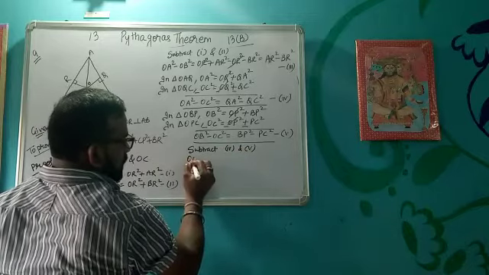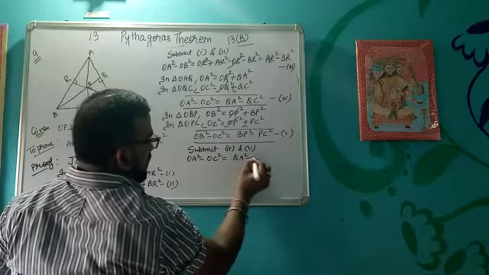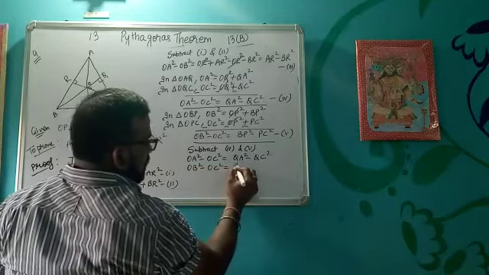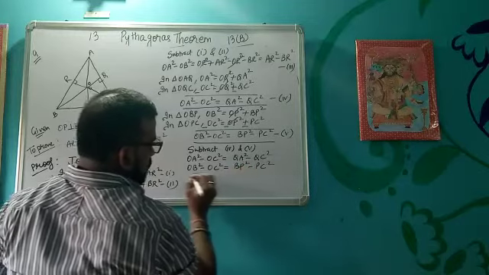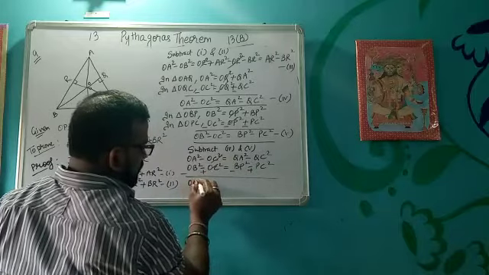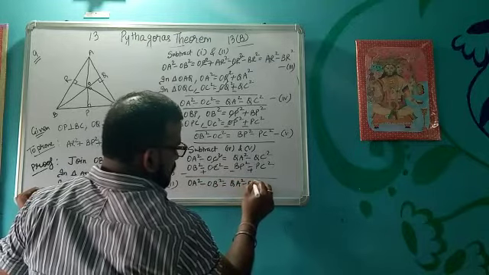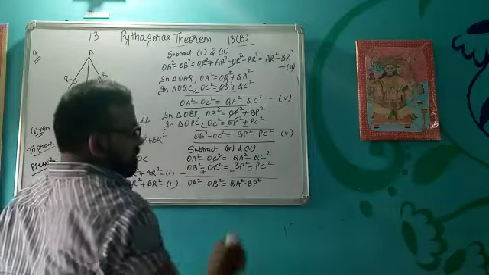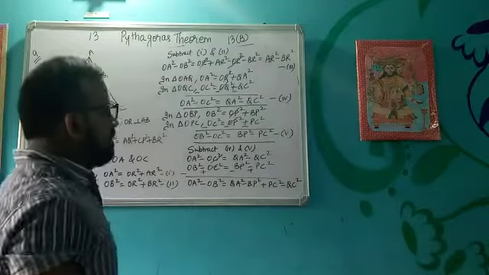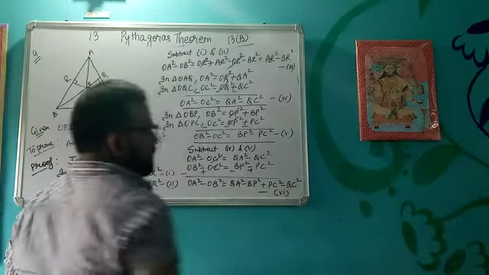So it will be OA square minus OC square equal to QA square minus QC square, and OB square minus OC square equal to BP square minus PC square. So I will subtract. So this will cancel. It will give me OA square minus OB square equal to QA square minus BP square plus PC square minus QC square. Okay. So this is our sixth equation.